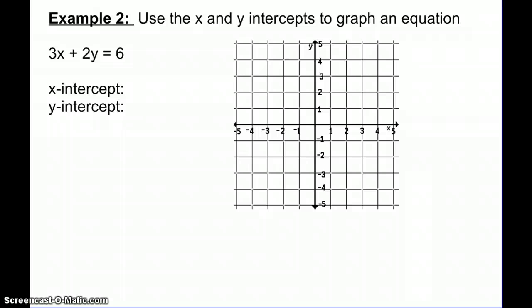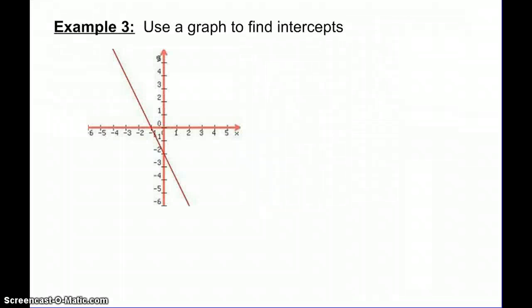Finally, we're going to just simply look at a graph and talk about how we can identify the x and the y intercepts. So here's the graph of a line. We haven't been given an equation, just simply the graph. But we could look at this graph and we could see where the x-intercept is.